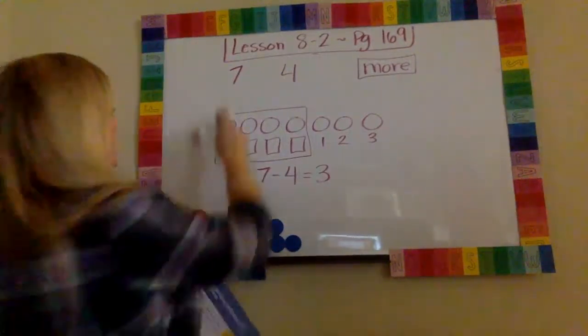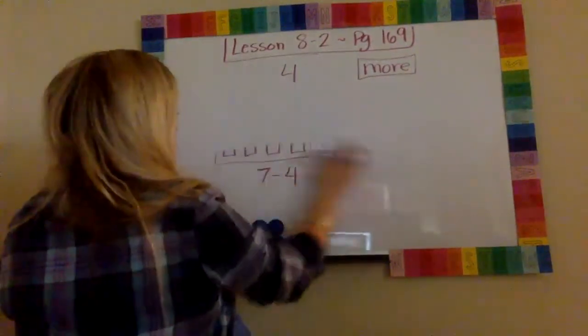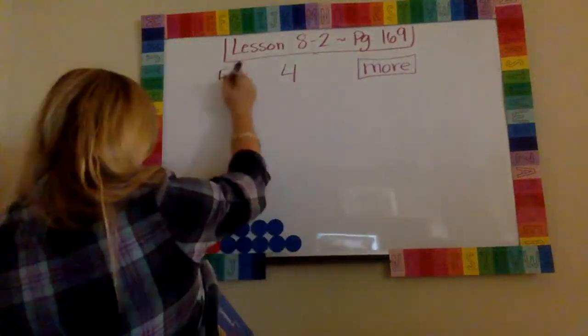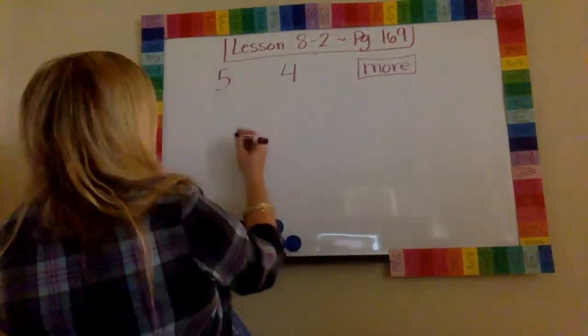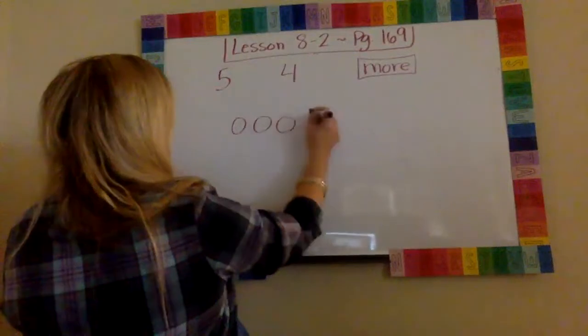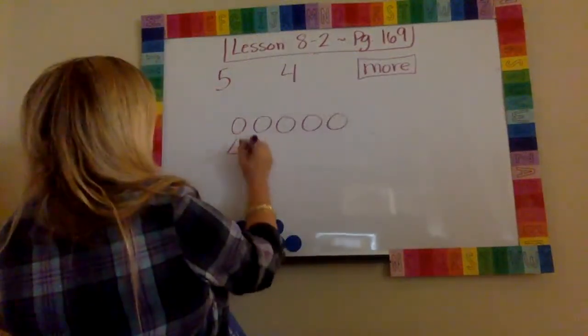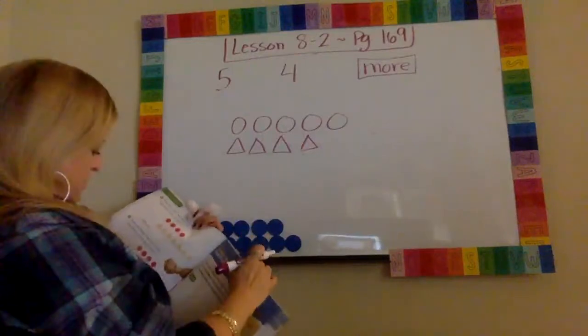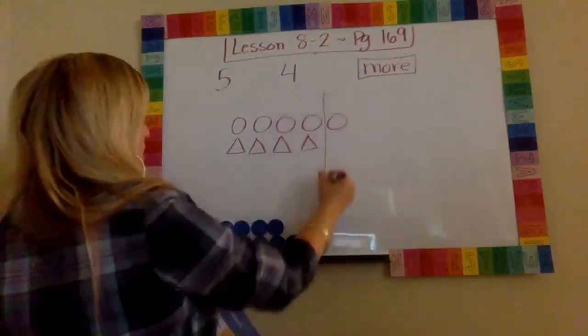We're going to keep going. We have dogs and treats. So this one says there are 5 dogs and there's 4 treats. How many more dogs are there? 1, 2, 3, 4, 5. 1, 2, 3, 4. You can draw a line here even.